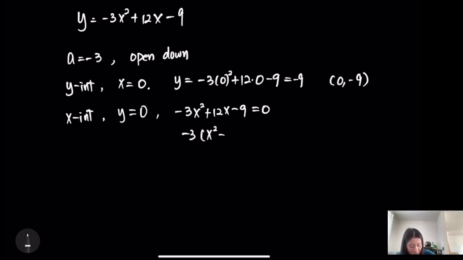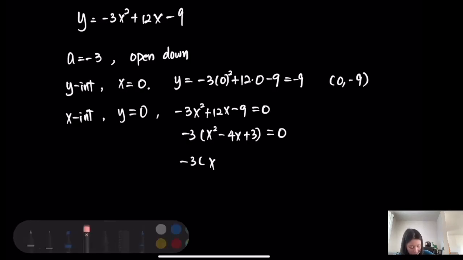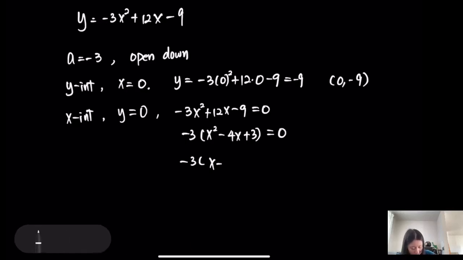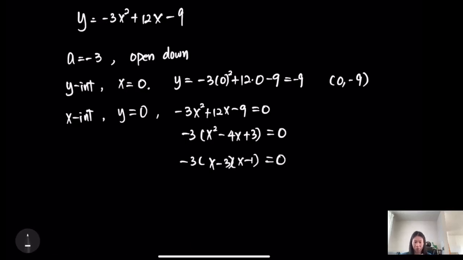I have x squared minus 4x plus 3 equals 0. Now I can factor this one, which is -3 times (x minus 3) times (x minus 1) equals 0, using the AC method. And then I solve x either equals 3 or x equals 1. So our x-intercepts are (3, 0) and (1, 0).